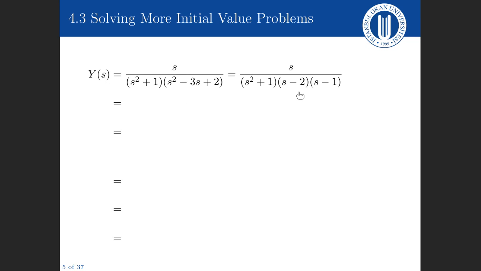For a function like this, we use partial fractions. This is going to be something over s squared plus 1 plus something over s minus 2 plus something over s minus 3. s minus 2 and s minus 3 are first degree polynomials, so on top we have a 0 degree polynomial. s squared plus 1 is a second degree polynomial, so on the top we have some first degree polynomial.